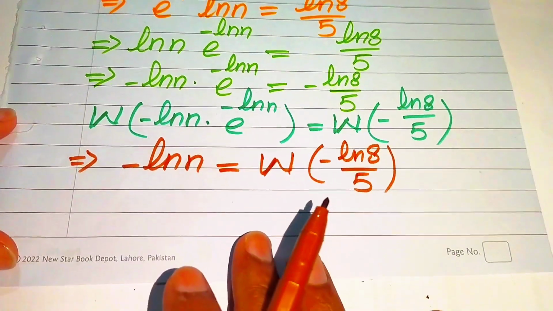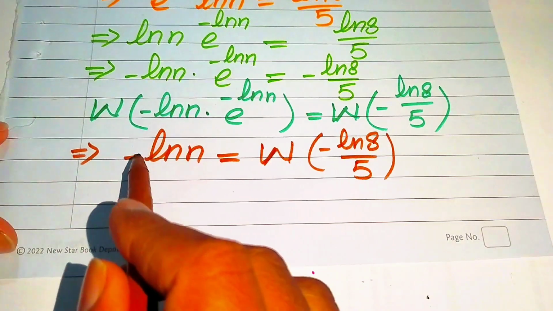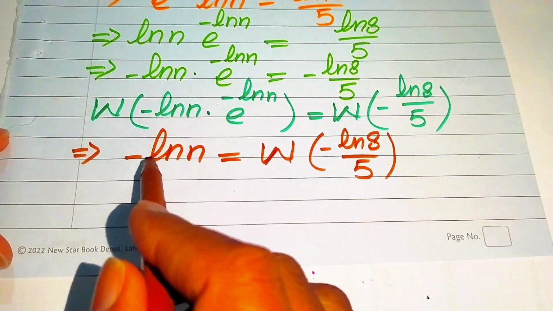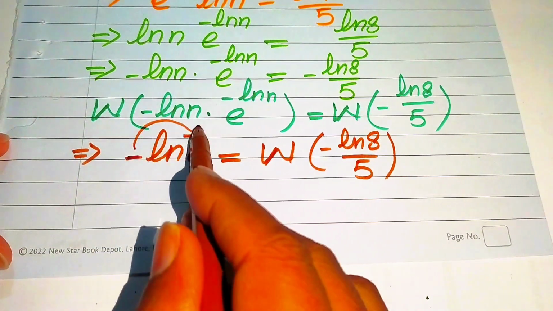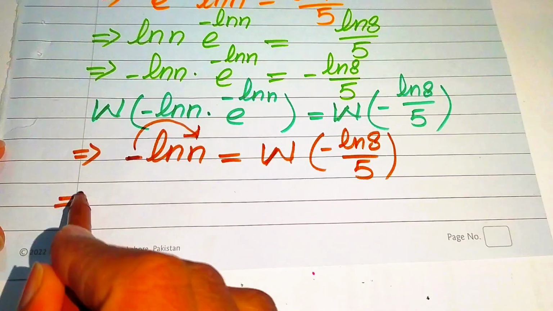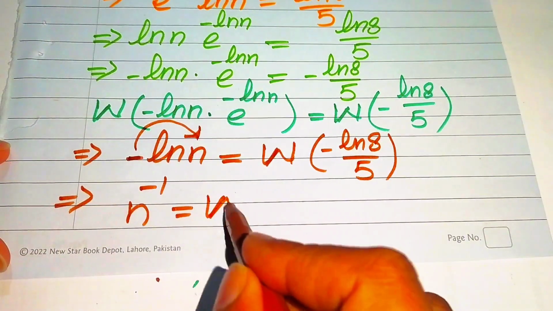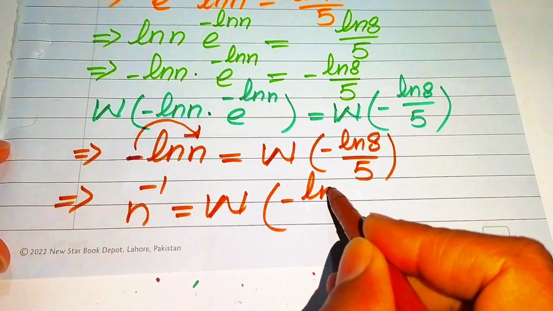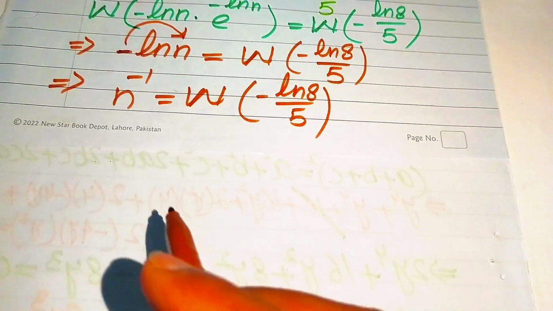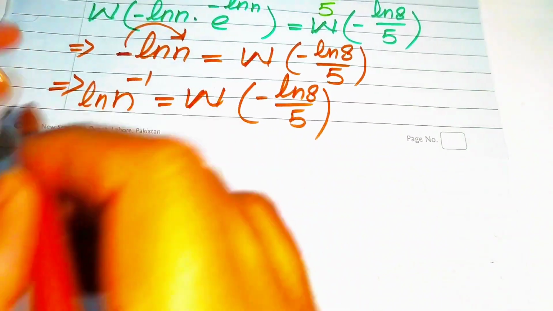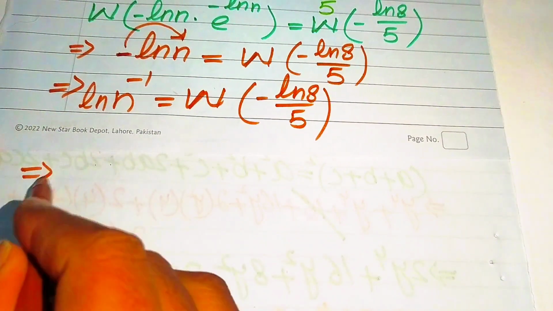Because we need to find the value of n, we eliminate the log here. First, we write this negative term in the exponent of n: log of n to the power of minus 1 equals W of minus log 8 divided by 5. And here we have a log. In order to remove this log, we take the anti-log on both sides.